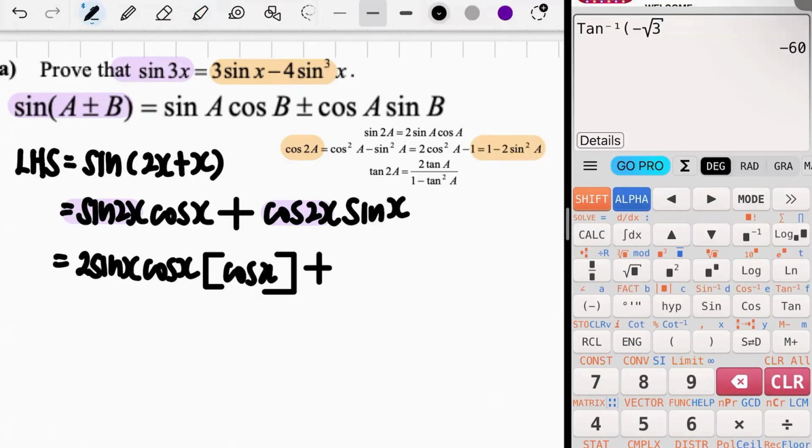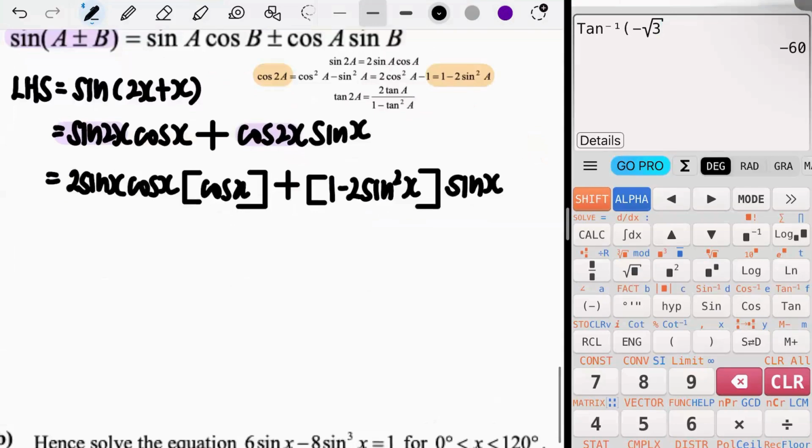So this one here will just be 1 minus 2 sine square x, and then we have a sine x from here. So when we opened it, this is 2 sine x cosine square x, that is cosine x times cosine x. This one you got the rainbow, yeah? Be careful with the rainbow, don't forget anybody.